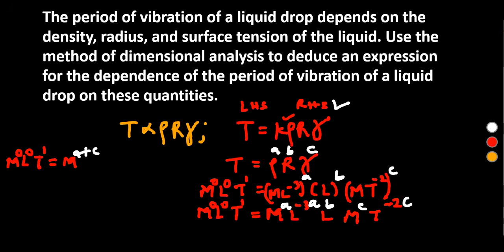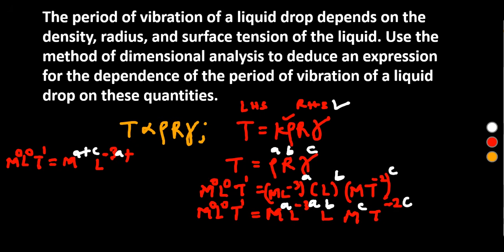So L, we have L here, we have L here. So this is L minus 3A. Then we have plus, the next power will be B. Look at it. L to the power of B. So B, we are done with L. So we have B here.